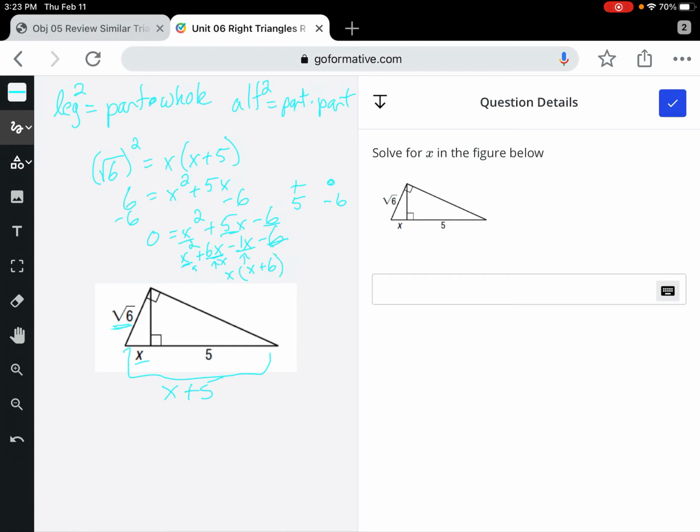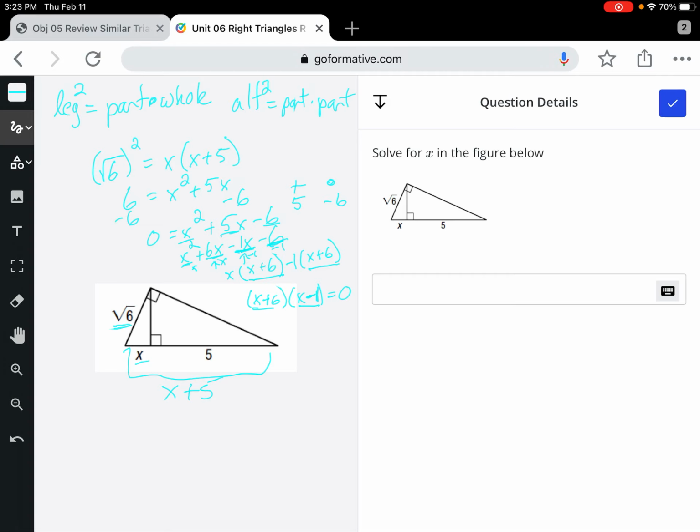When I factor x out of both parts, I end up with x plus 6. Here, I find the greatest common factor, which is a negative 1. I factor a negative 1 out, I end up with x plus 6 again, which is lovely, because now they have an x plus 6 in common. I'm going to factor that x plus 6 out, times x minus 1 is equal to 0.